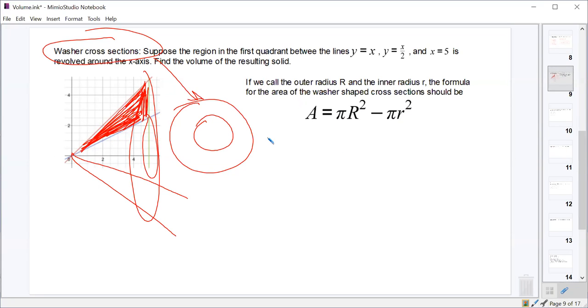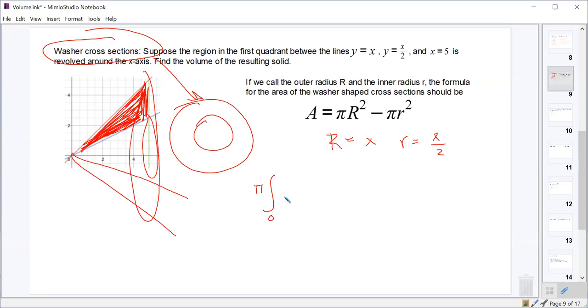Great. All right, so what's our outer radius here? X. Yep, and what's our inner radius? X over 2. Good. And so we'll just put this all in.